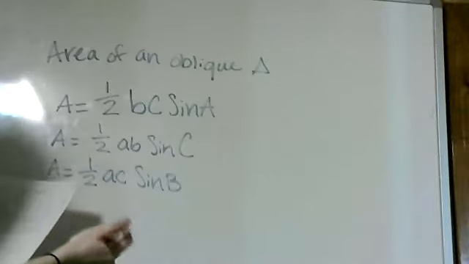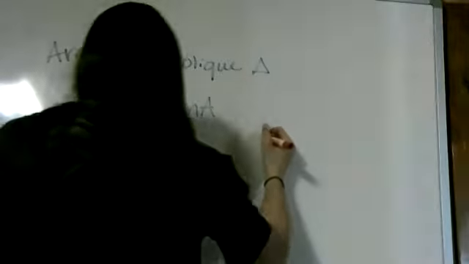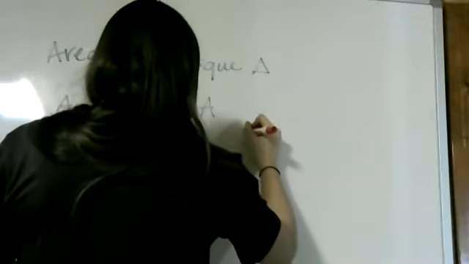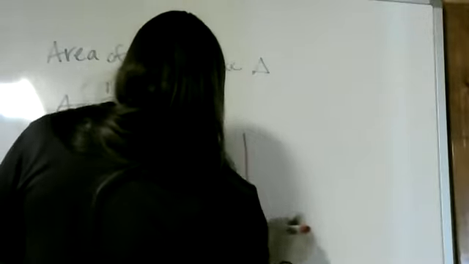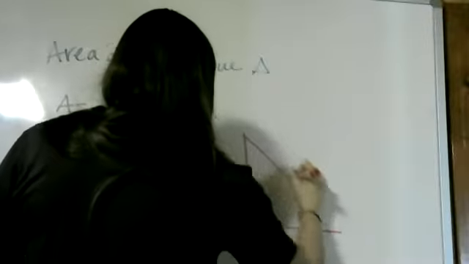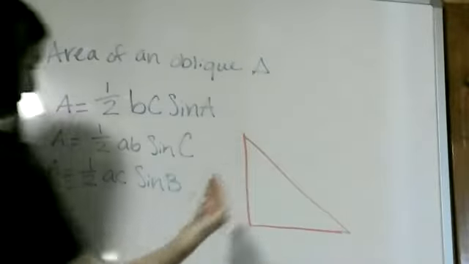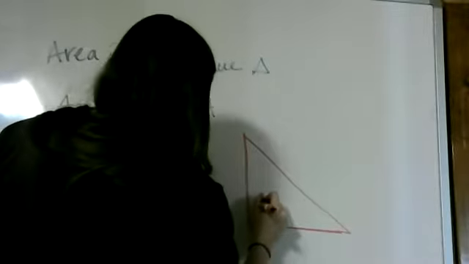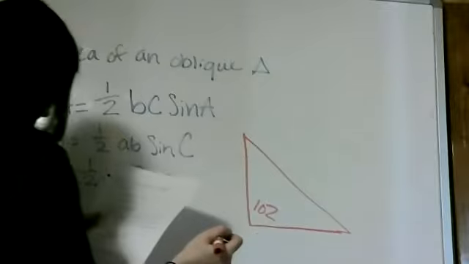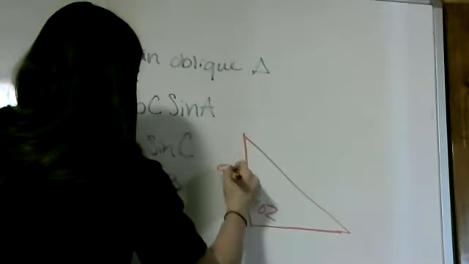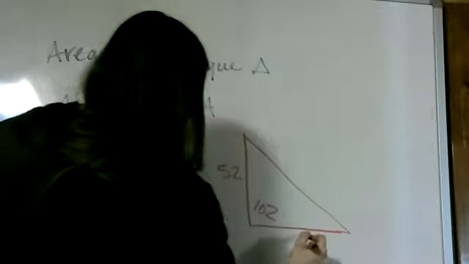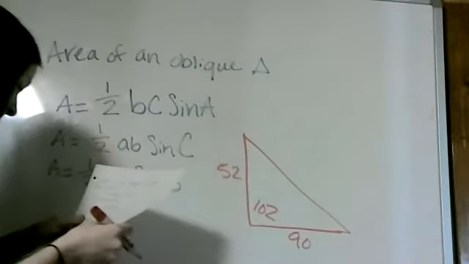So in a triangle, let's see if I can draw this out kind of accurately. This is supposed to be tilted back a little bit, so it's actually not 90 degrees. This is 102, 52, and 90.